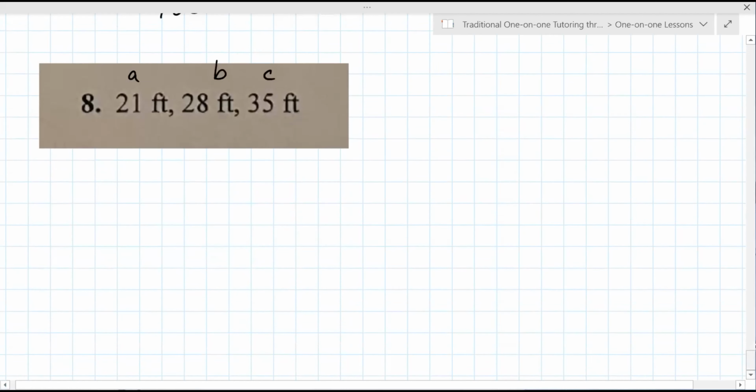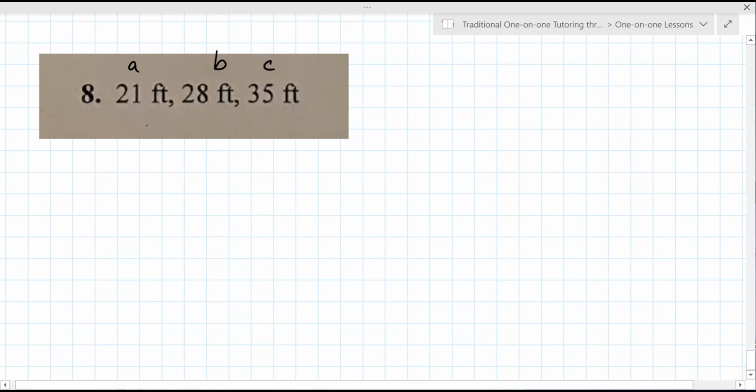That's right. This one doesn't work out very well. Although, actually, I take that back. What is 21 squared? 441. And 28 squared? 748. Okay, and then 35 squared? 1,000.